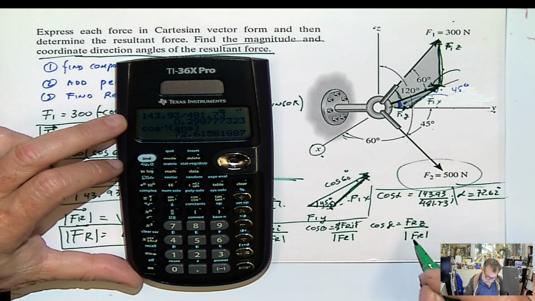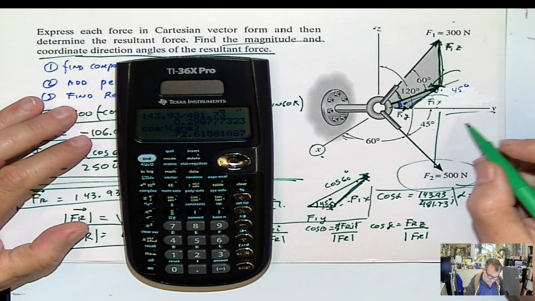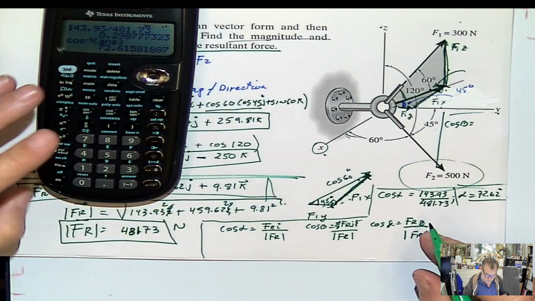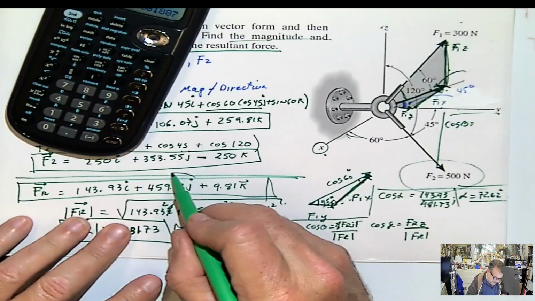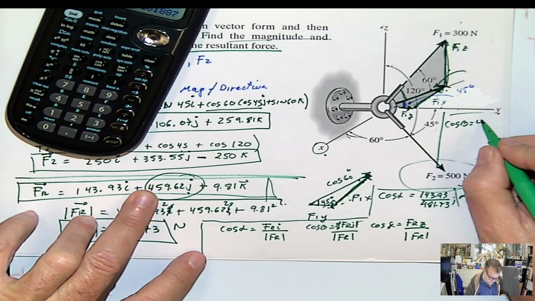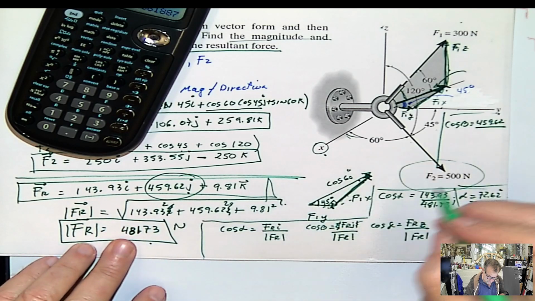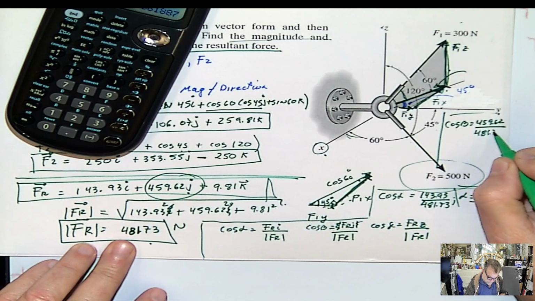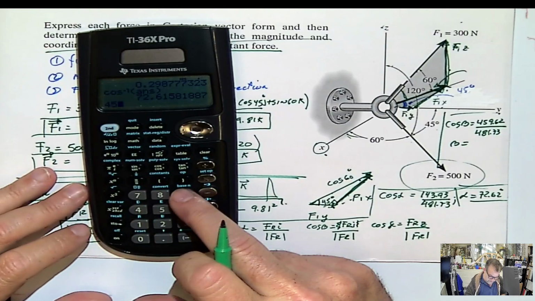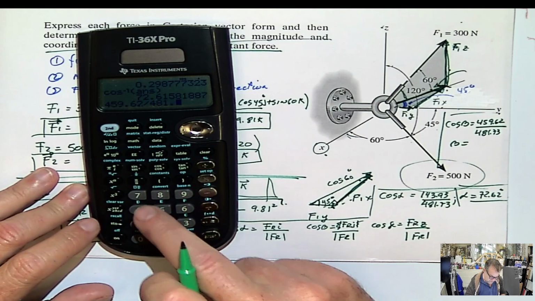For beta, cosine beta will be the value of the j component, 459.62, divided by the resultant force magnitude, 481.73.